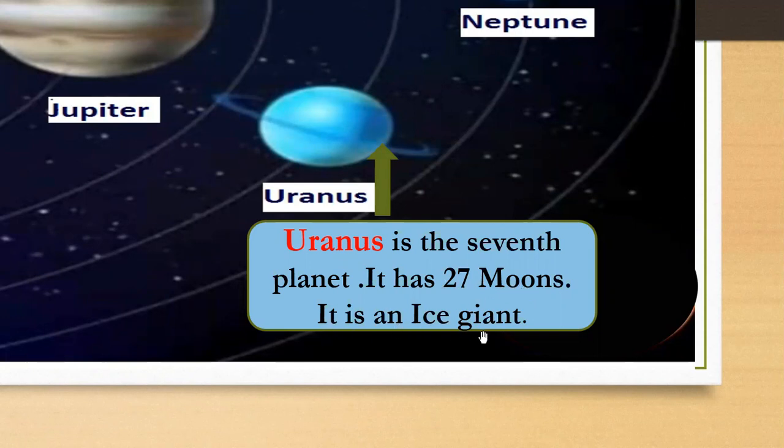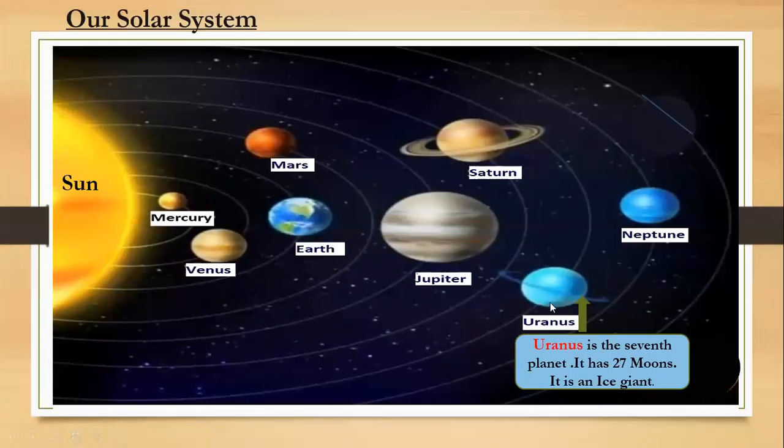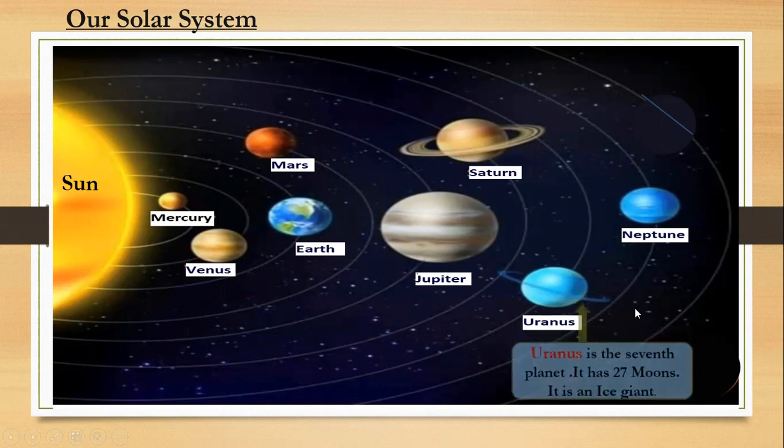It is an ice giant. إنه كتلة ضخمة من الثلج. Giant يعني عملاق. Ice ثلج. So again, Uranus is the seventh planet. It has 27 moons. It is an ice giant.